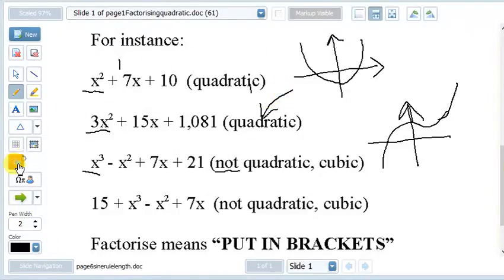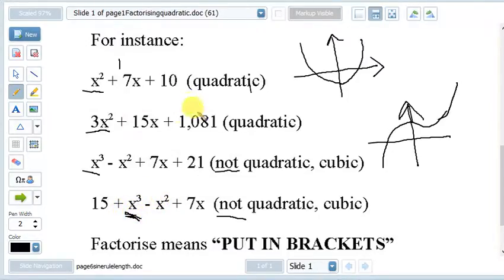Okay, so next one, 15 plus x cubed minus x squared plus 7x. Now again, that's not quadratic because the highest power of x is not x squared, it's x cubed.